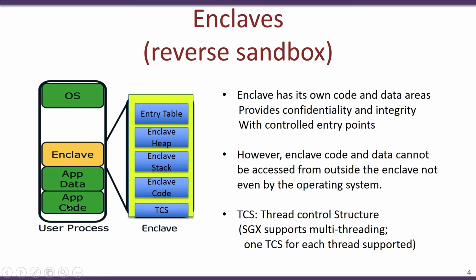The first is when you are in the code outside the enclave, that is, you are executing in normal mode outside the enclave, and you are trying to access the data present outside the enclave. This should be permitted. The second is when you are executing code outside the enclave, but try to access or execute code which is present inside the enclave. This should not be permitted.